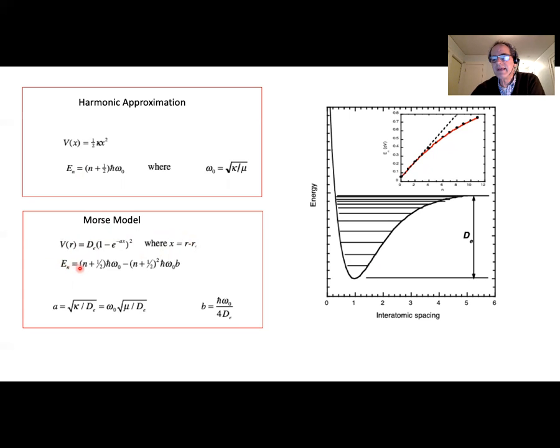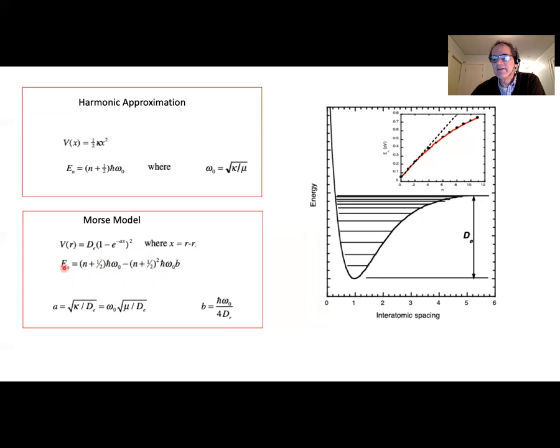E sub n is equal to (n plus 1/2) h bar omega. Okay, well, that's what we just had before. Minus another term, which is just (n plus 1/2) squared times h bar omega times b, where b is a constant. So you can imagine that this is just like a correction factor. Okay, so the Morse model gives us a second order correction factor to the energy.